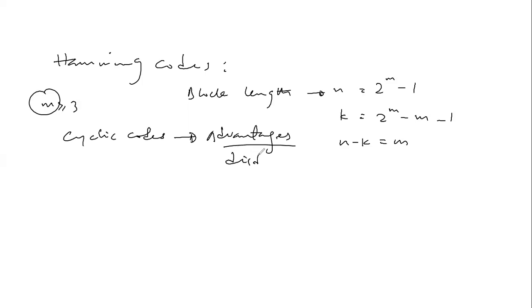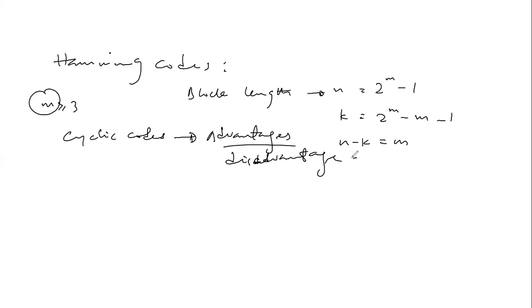The first of the advantages is that the error correcting and decoding methods of cyclic codes are simpler and easy to implement, and these methods eliminate the storage needed for lookup tables. We'll see some of those things much later. The encoders and decoders for cyclic codes are also simpler compared to non-cyclic codes.